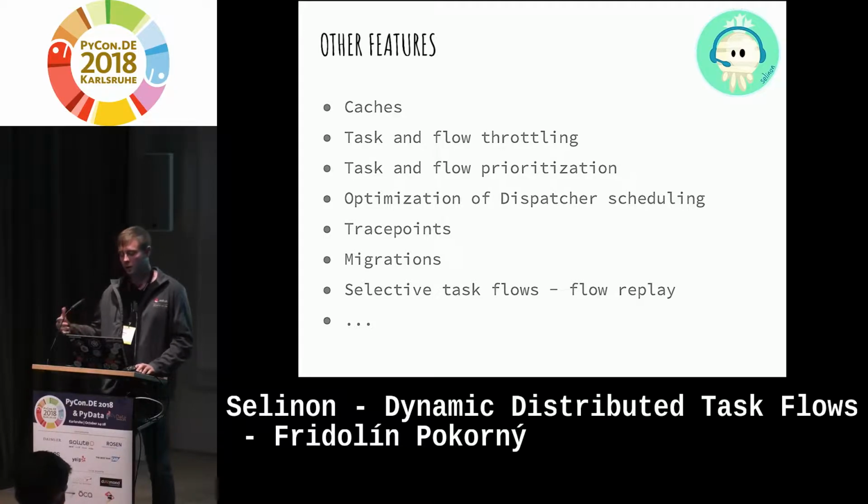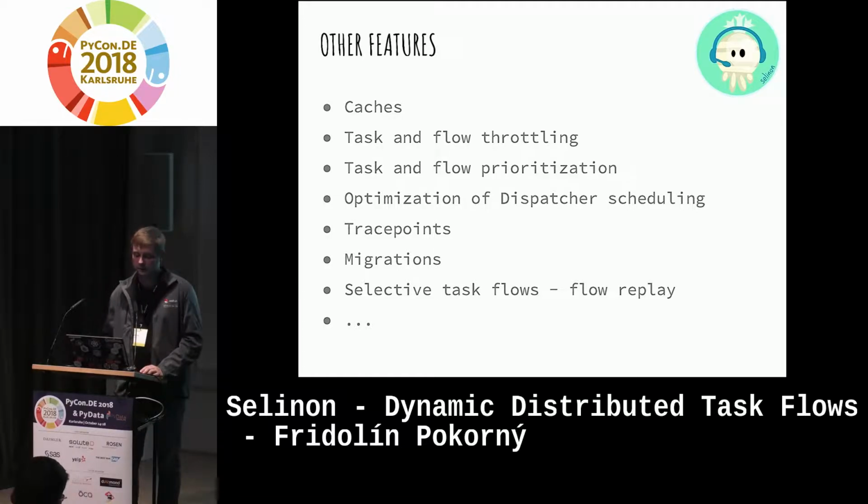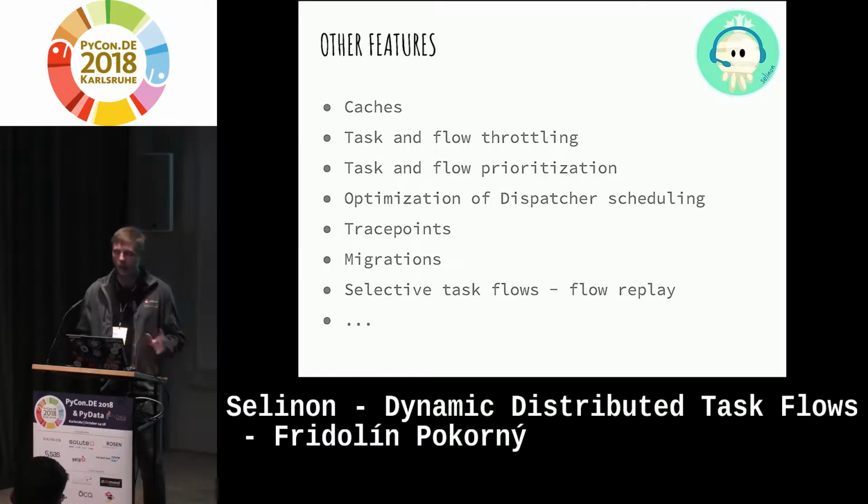If you log cluster logs into, for example, the Elasticsearch/Kibana stack, then this is especially helpful when you would like to debug what went wrong with some flow. Then there are migrations, which I will talk about briefly, and selective task flows, which I will talk about as well.